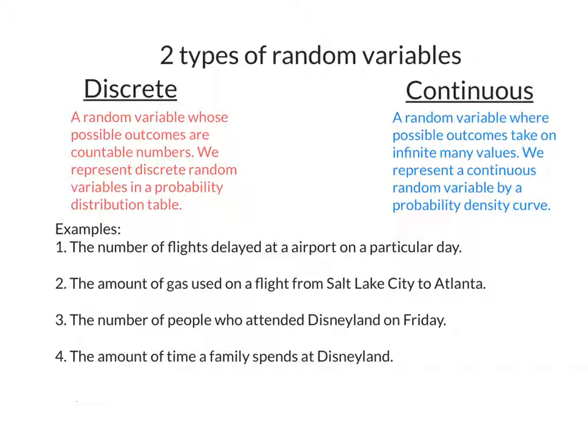The first example says the number of flights delayed at an airport on a particular day. The number of flights is going to be discrete, because you can only have 1 flight delayed, 2 flights delayed, up to however many flights they have that day.